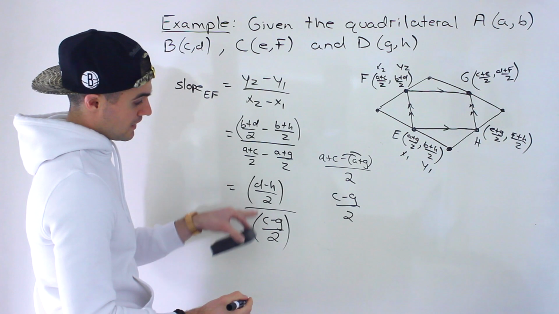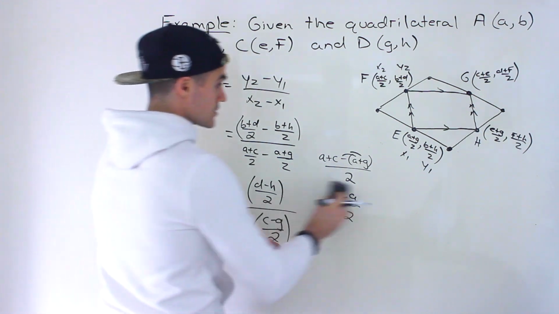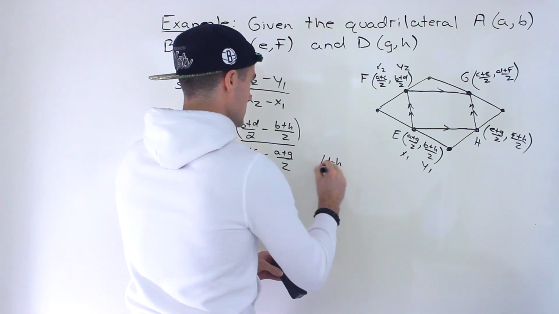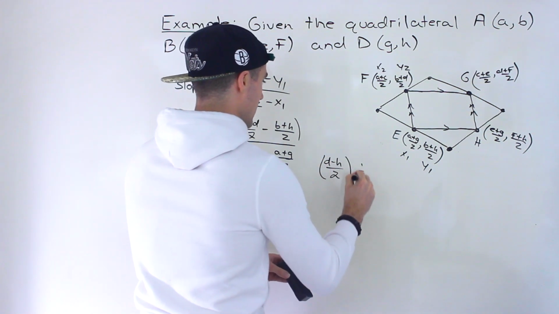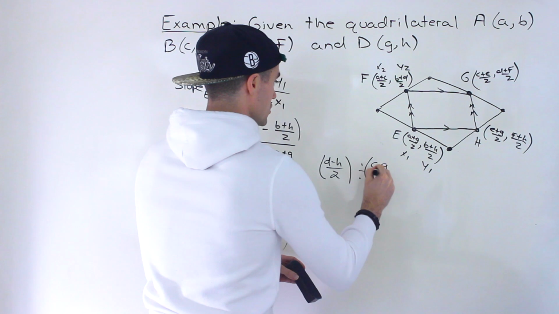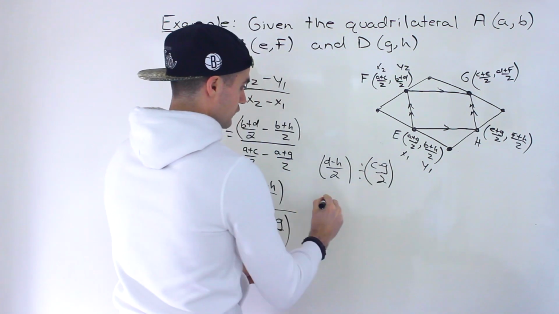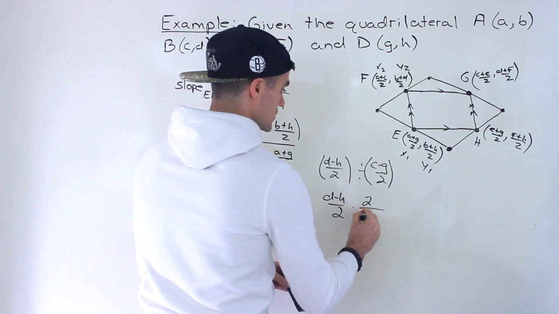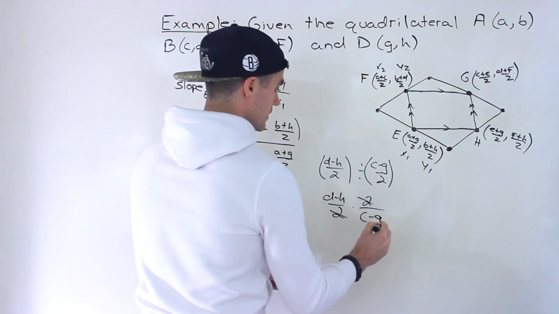So notice we're taking one fraction, dividing it by another. So what we can do is we can rewrite this as d minus h over 2 divided by c minus g over 2, and then we flip this fraction. So we'd have d minus h over 2 times 2 over c minus g. The 2's cancel out.